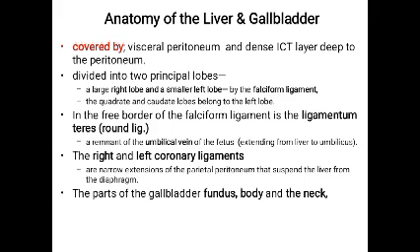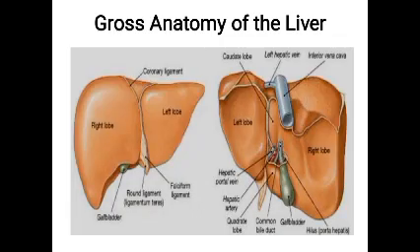The right and the left coronary ligaments are narrow extensions of the parietal peritoneum that suspend the liver from the diaphragm. The parts of the gallbladder: fundus, body, and the neck. Gross anatomy of the liver. This is the diagram of the liver.